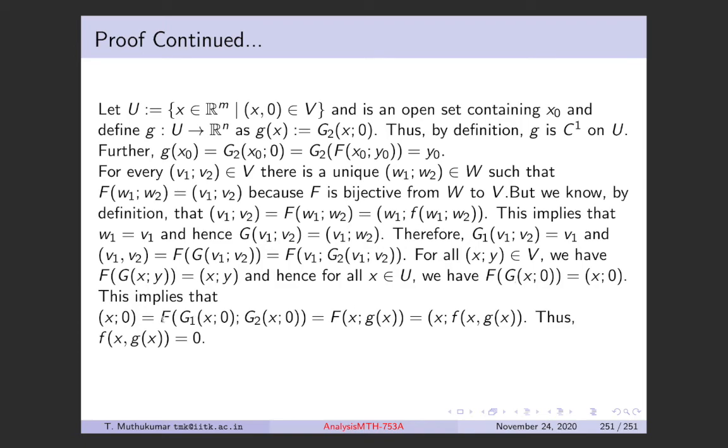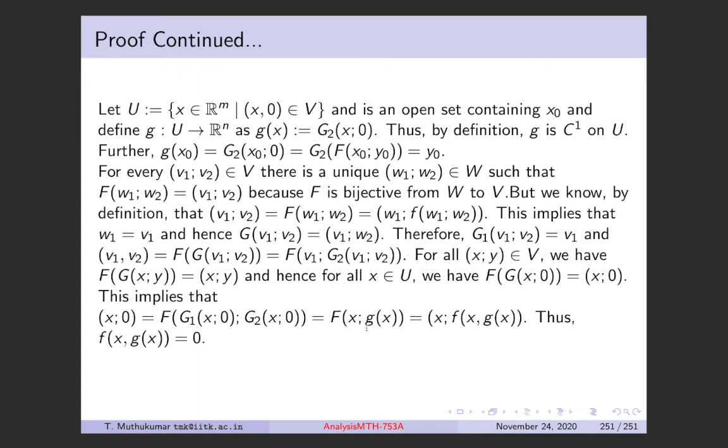So this is F of (G1(x, 0), G2(x, 0)), right? And what is G1(x, 0)? G1(x, 0) is actually the first component, x. So G1(x, 0) is x, and G2(x, 0) is by definition the little g. So G2(x, 0) is little g.